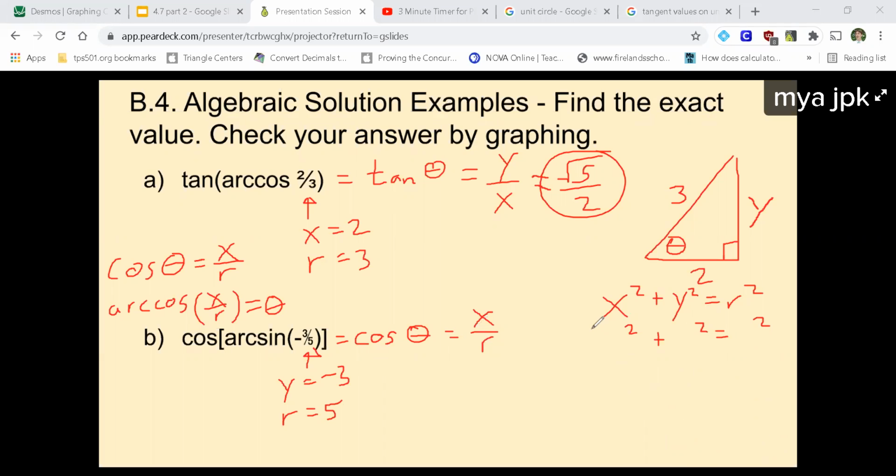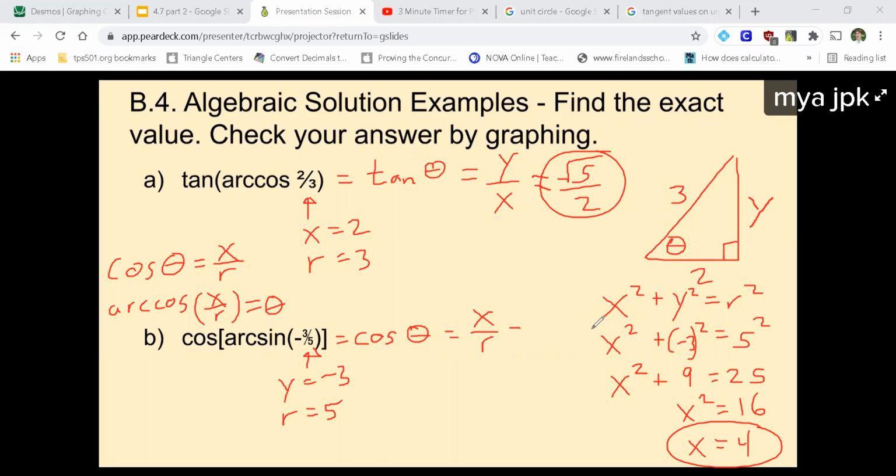So if I plug in, we'll have x squared plus -3 squared equals 5 squared. That means x squared plus 9 equals 25, which means x squared is 16, which means x is 4.